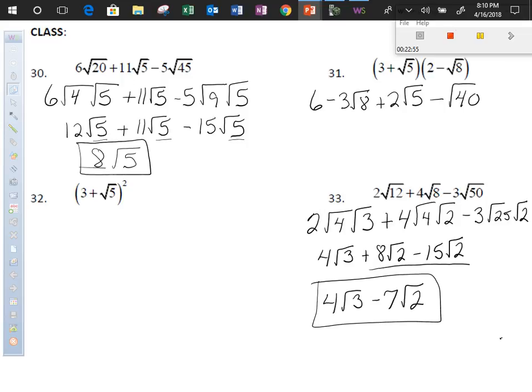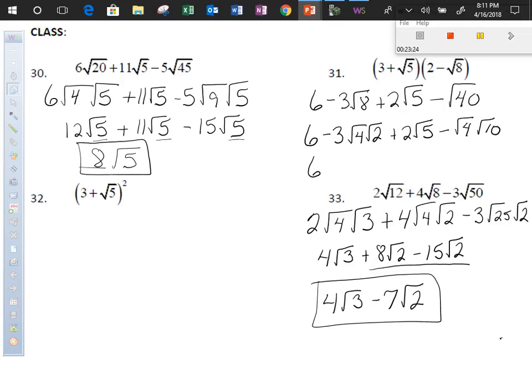And we're not done yet because when I look at it, the square root of 8 reduces, so does the square root of 40. So this now becomes 6 minus 3. I'm going to think of 8 as 4 and 2. I'm going to leave 2 radical 5 alone. And I'm going to think of 40 as the square root of 4 times the square root of 10.